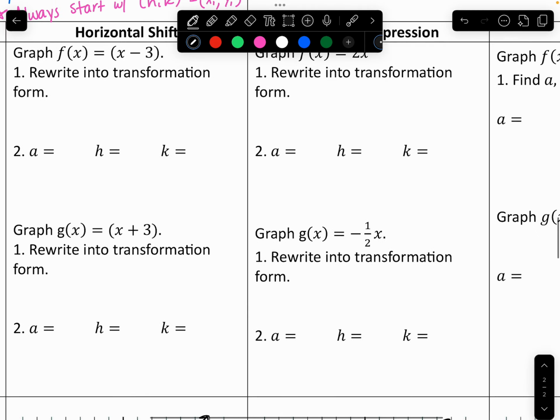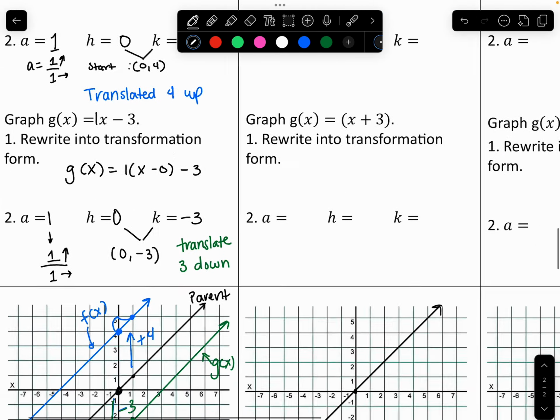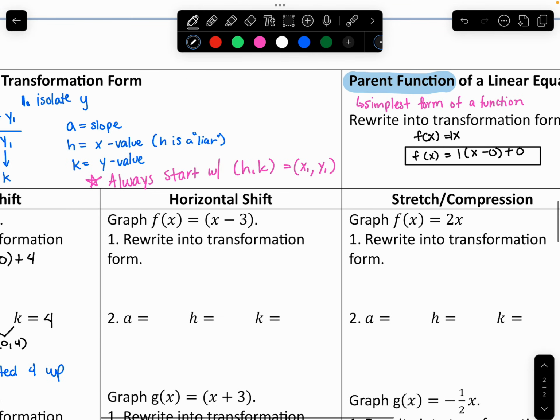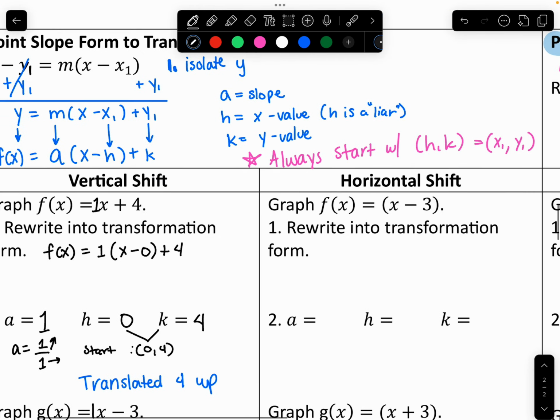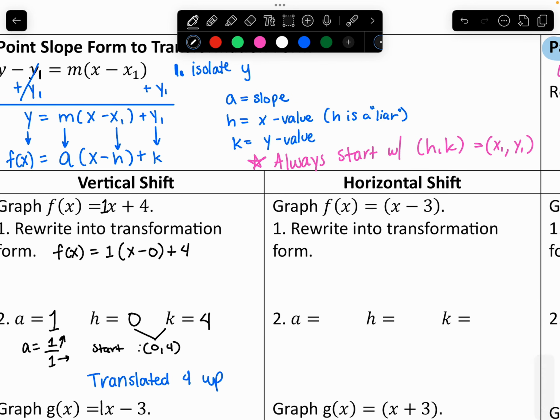I'm going to do horizontal shift now. So rewrite into transformation form. What do we see here? Now we see parentheses. Again, there's always a 1 here, so we're going to have f of x equals 1, x minus 3. What's missing this time?